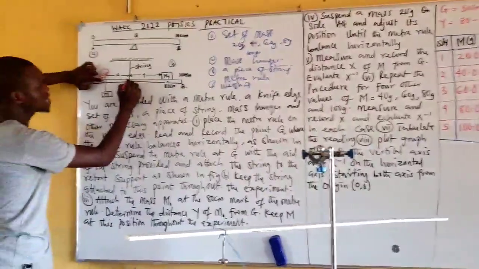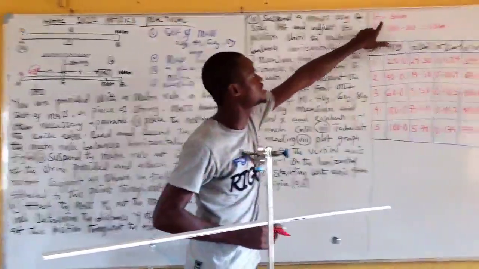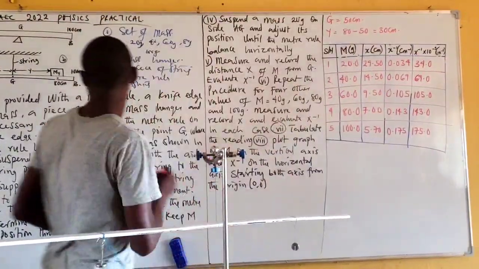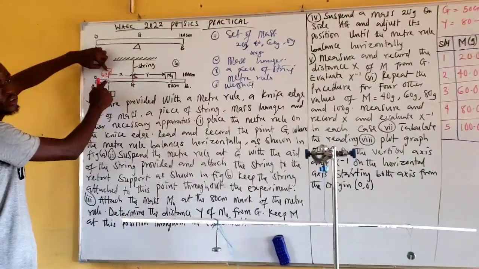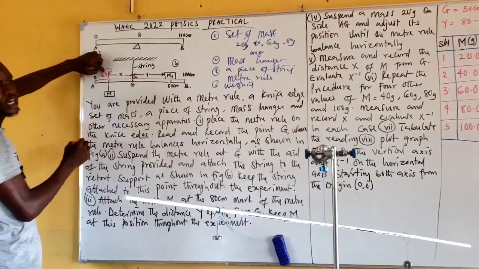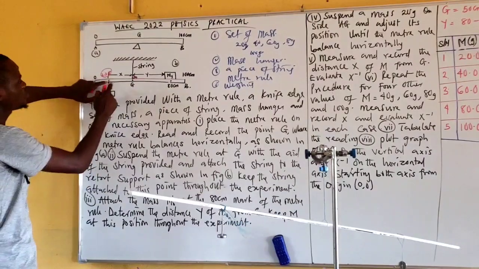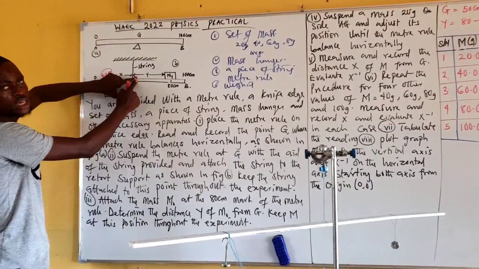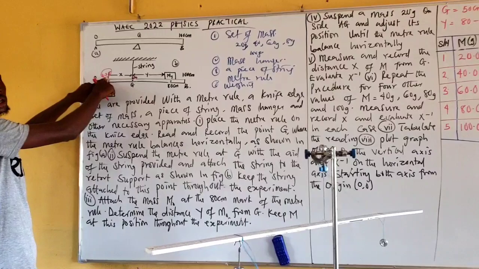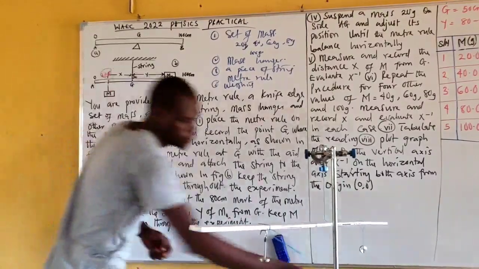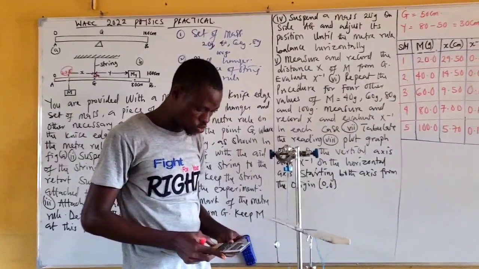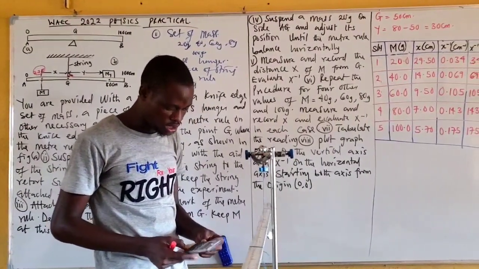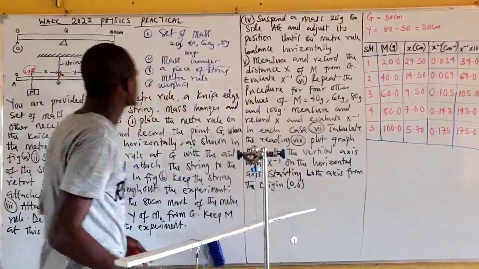You know, the center of gravity that you got from your experiment is 50 centimeter. So if here is 50 centimeter and the balance point of the meter rule is 22.5 centimeter, now the distance from here to here should be 50 minus 22.5, which, from my calculator, is going to give us 27.5 centimeter.